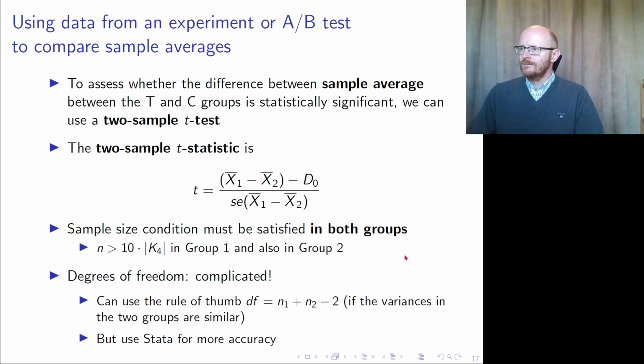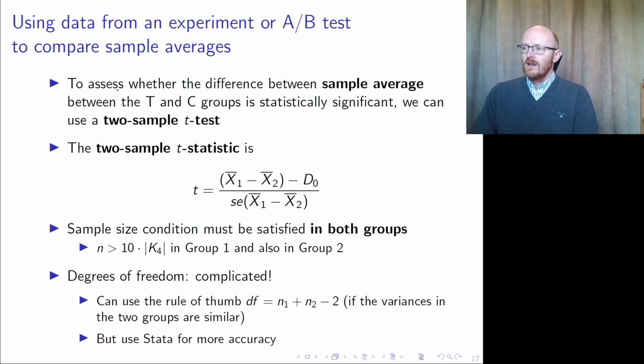So we are using data from an experiment or A/B test to compare sample averages, because experiment and A/B testing is very efficient to get the cause and effect of something.